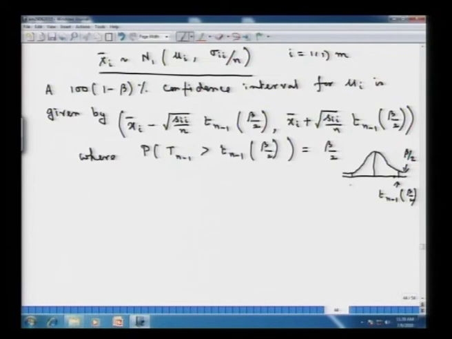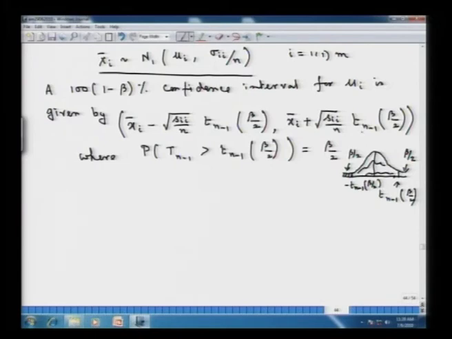This is a symmetric distribution, so we will have a minus t n minus 1 beta by 2 point. Similarly, the area to the left of that would also be equal to beta by 2, and hence the area in between these 2 points is going to be 1 minus beta.